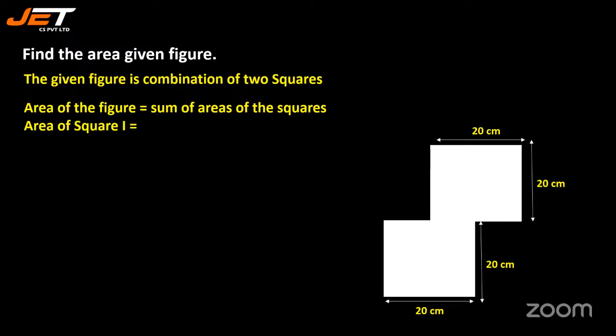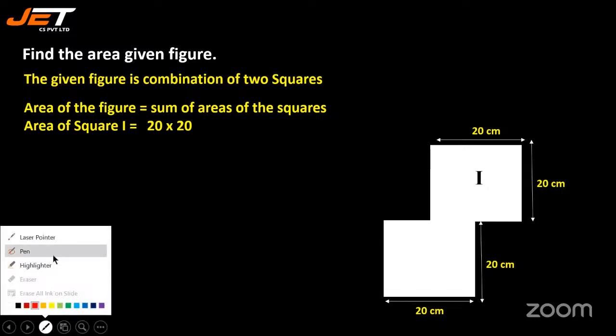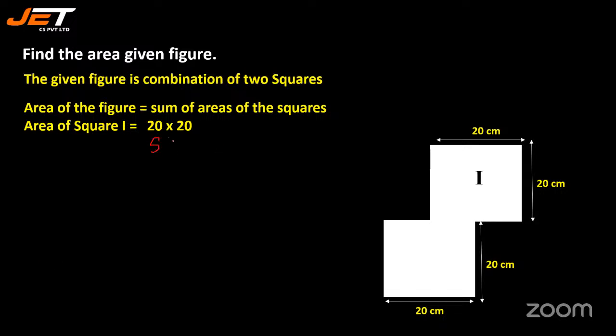Area of the first square is 20 centimeters times 20 centimeters, because you know that the area of a square is side times its side. So 20 centimeters times 20 centimeters is equal to 400 centimeters square. That's the area of your first square.